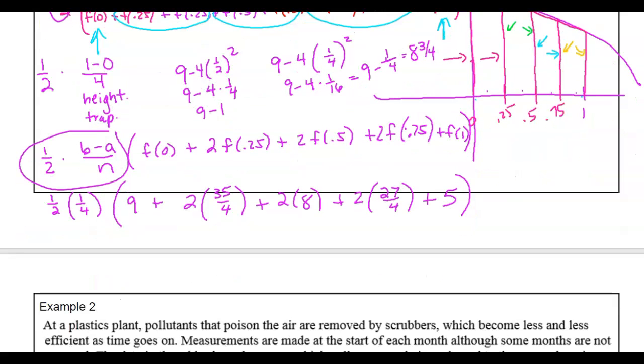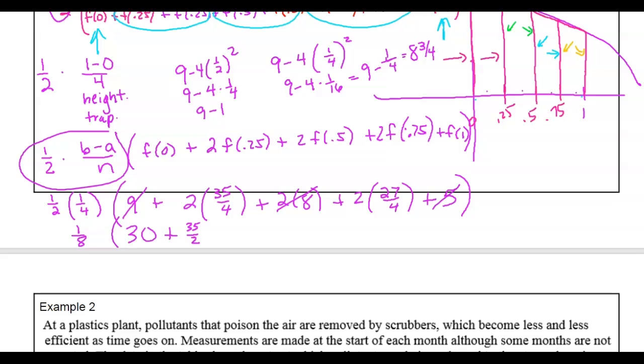And so then it's just a matter of time to clean up. Most of this would be by hand, not necessarily on the AP exam because it's a time test. And you can see how long this takes. 9 plus 5, I'm just going to add what I can. Oops, I forgot that 16. So let's go ahead and amend that. So I get 9 plus 16 plus 5, 30.